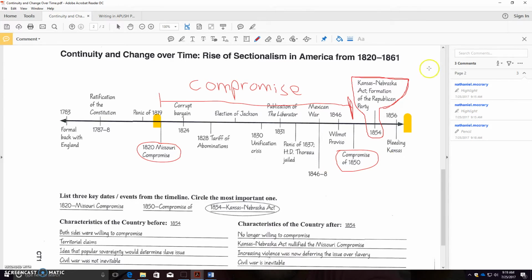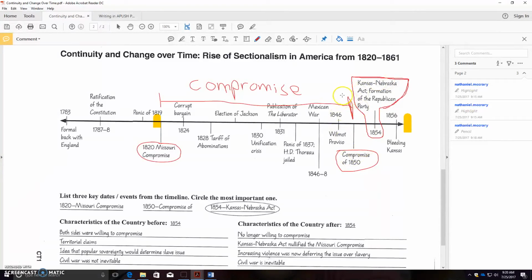And the unfortunate effect of the Kansas-Nebraska Act was Bleeding Kansas, where people from Missouri and other northern states flood into the territories, and blood will be spilled over slavery.